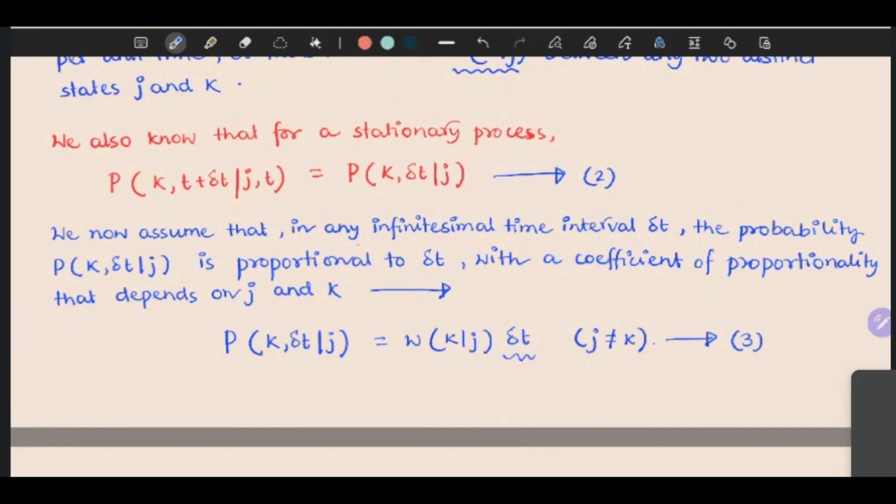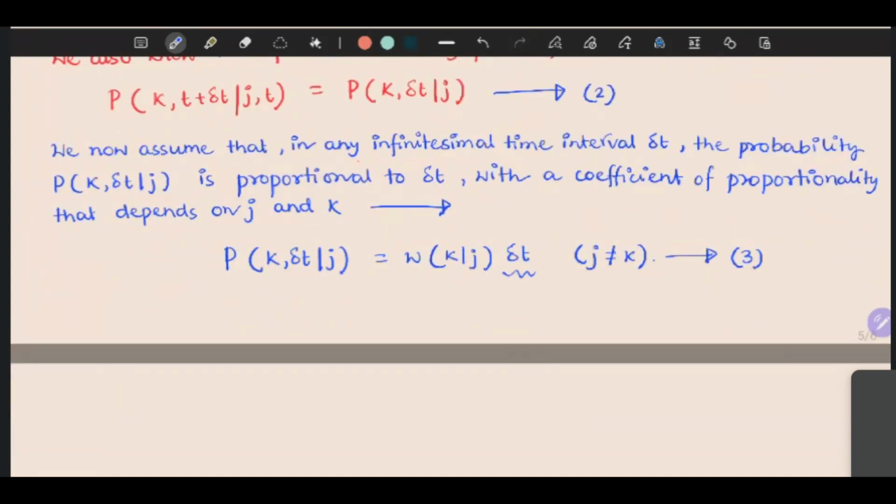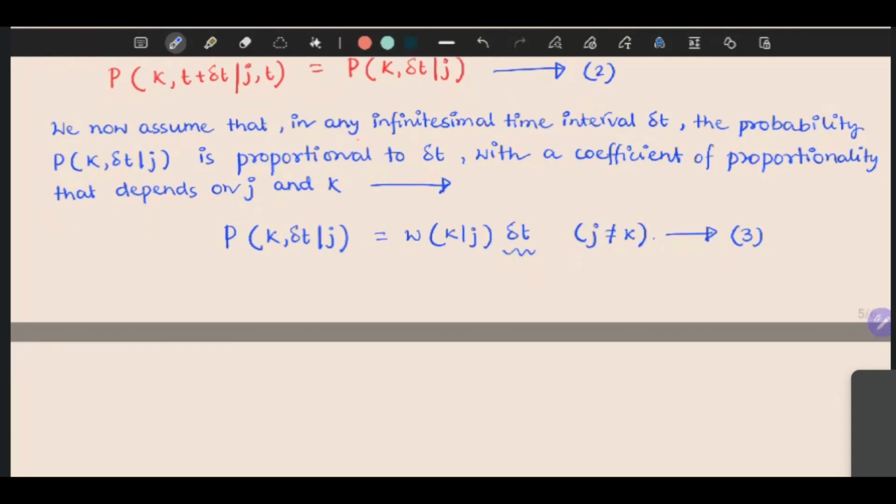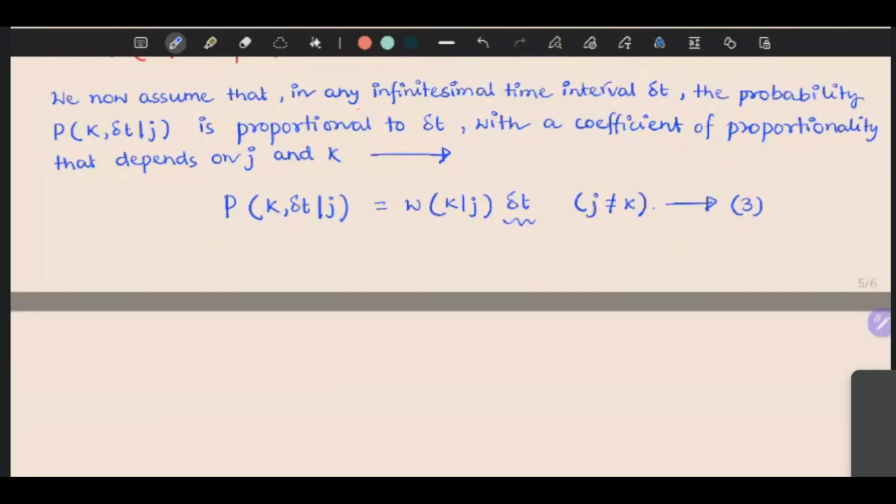So basically we will now see how these transition rates give the probability evolution. For a Markov process it is not always guaranteed, but when it holds good, it defines the transition rate.